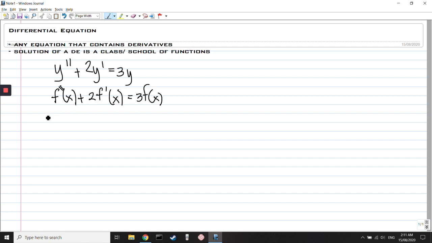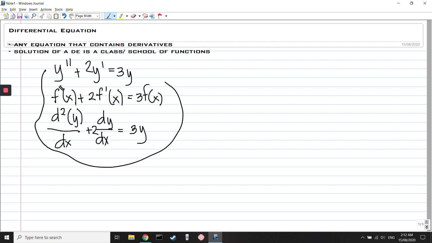Or in terms of Leibniz notation, we can say that the second derivative of y with respect to x plus the first derivative of y with respect to x times 2 is equal to 3y. These equations are examples of differential equations, not like algebraic equations.